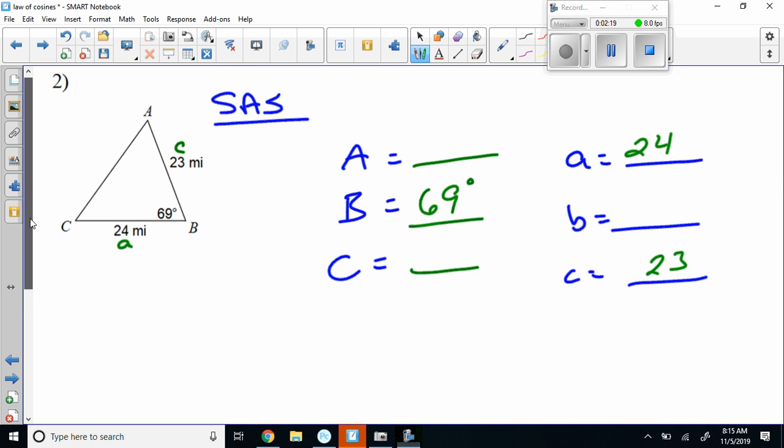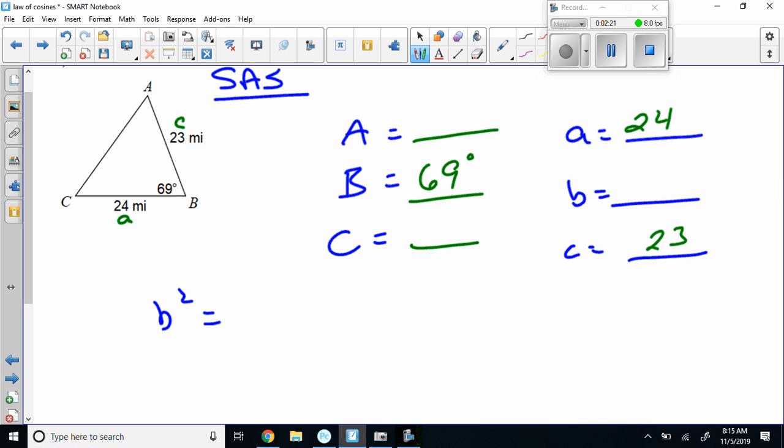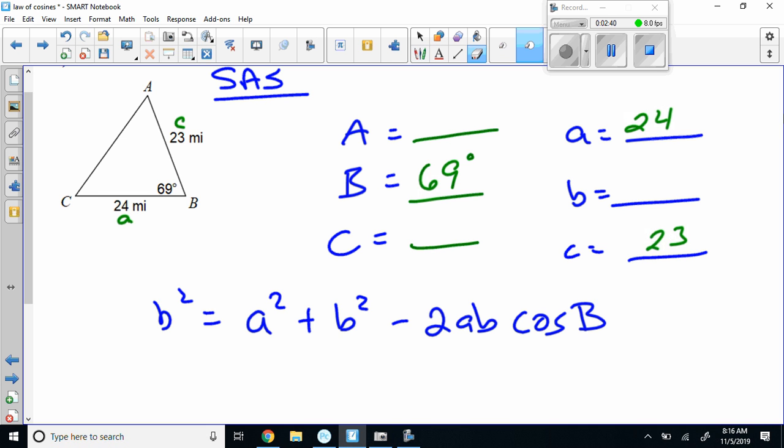In doing that, we have b squared equals a squared plus c squared minus 2ac cosine of what? B? Were you able to write the equation without referencing back to it? It's 2ac. Oh, it is, didn't I? Good catch.